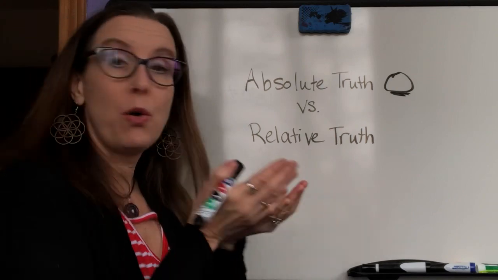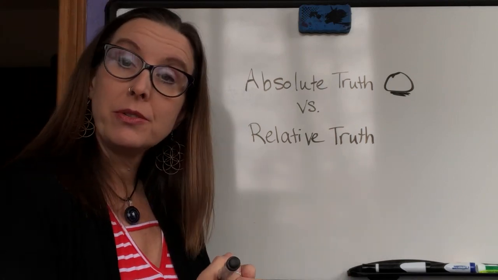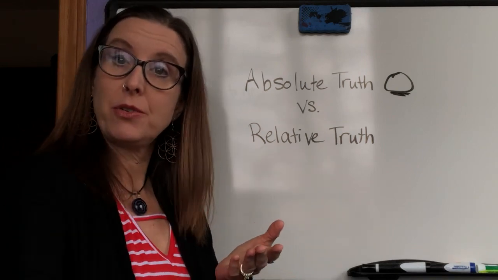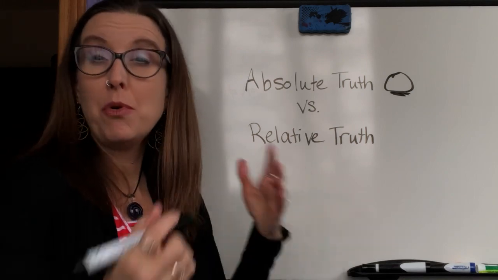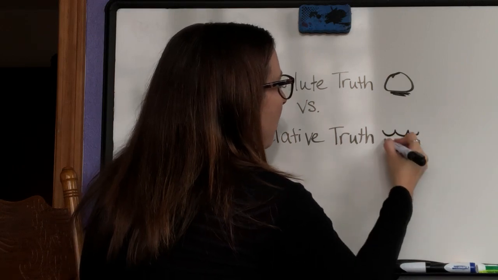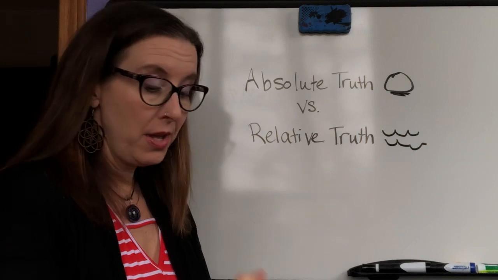I hold this truth gently, and then I bump into you and your truth, and we compare our truths, and relative to my experience of your truth, I might let my truth shift and morph. So that's more of a fluid, dynamic kind of thing. Okay, absolute truth and relative truth.